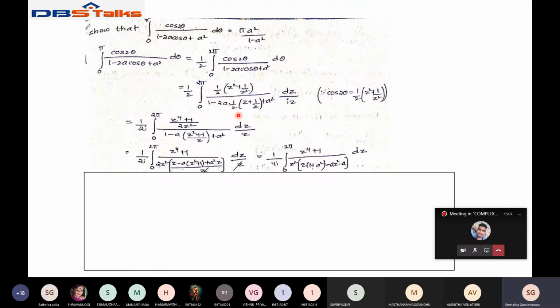Now, in the given problem, the limits can be changed to 0 to 2π.